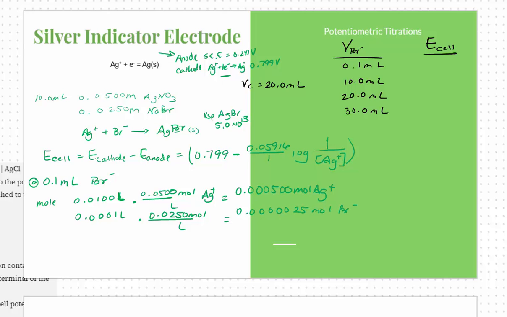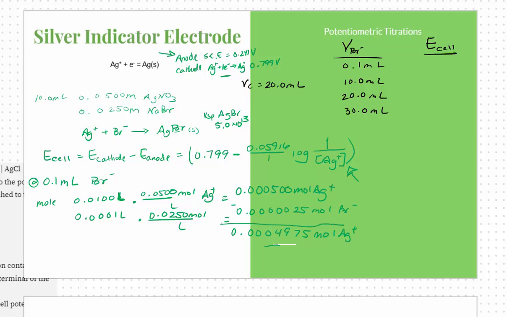But what you need to recognize is for every 1 mole of bromide added, 1 mole of silver is reacted, and we form that solid. So we're going to take these mole amounts and subtract them, and we're going to find the excess silver in our solution. And I get a value of 0.123497 moles of silver in excess. That's great. But what I have here is a concentration, and that concentration is in molarity.